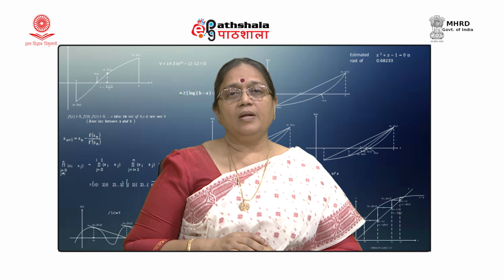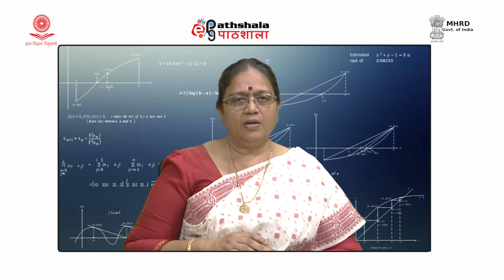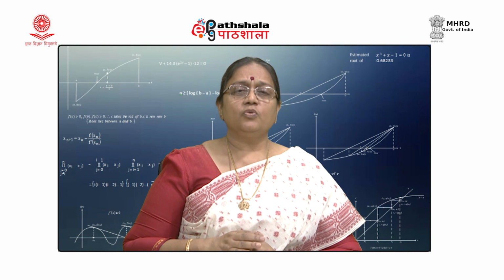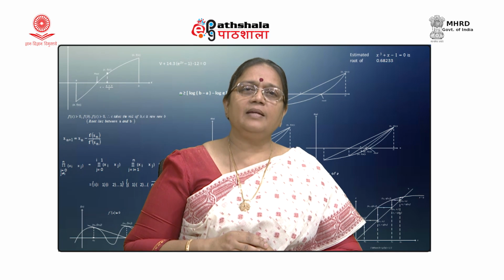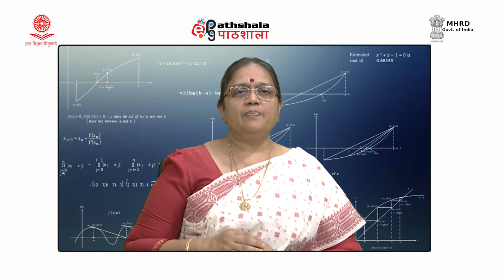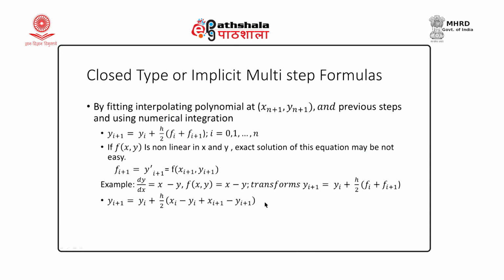Now, it is called implicit because the right side also contains the value of yi plus 1, which is unknown. So you have to take all the terms containing yi plus 1 together and then solve. You do not get the values directly; yi plus 1 is included implicitly in the equation. Here I have to take the yi plus 1 term to the left side, form the equation, express yi plus 1 and then solve it.